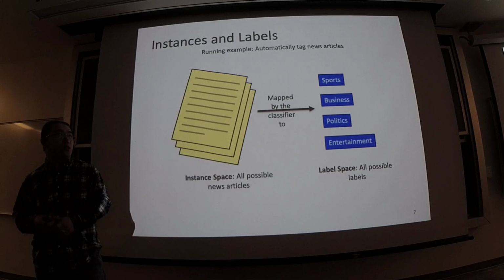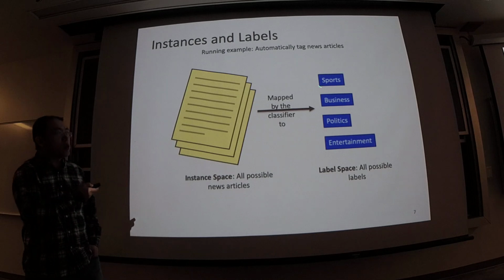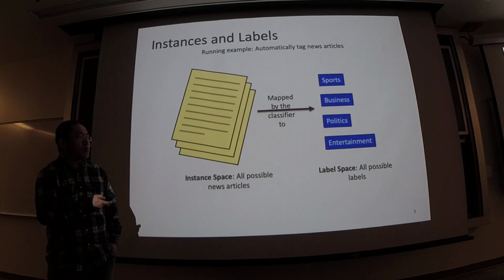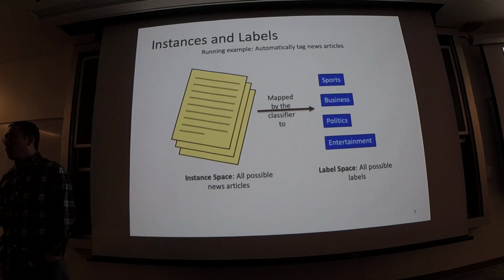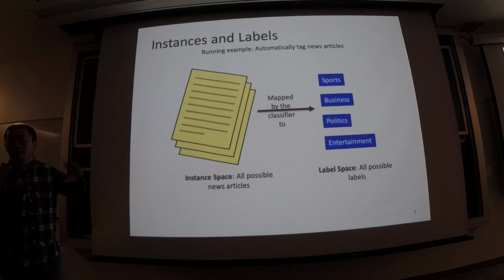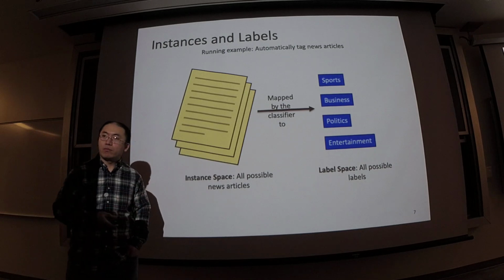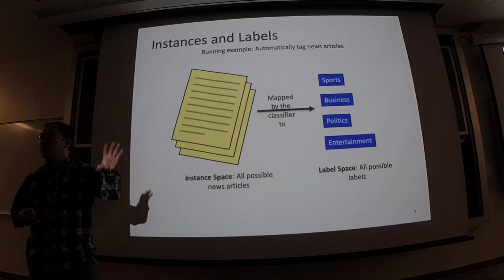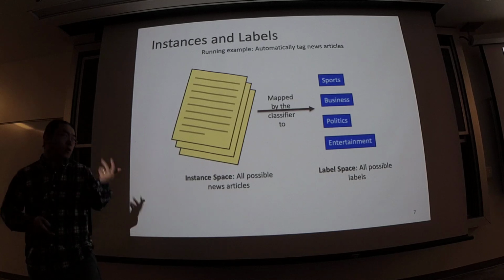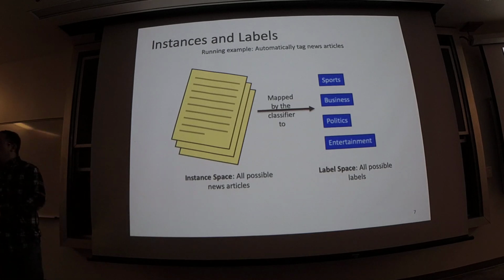Those tags could be sports, could be business, could be politics, could be entertainment, could be financial, whatever, right? But anyway, before we conduct this supervised learning task, we must know what specific set of labels I'm going to tag the news articles with. Also, I want to know the range of the news articles that my program would like to tag, right?